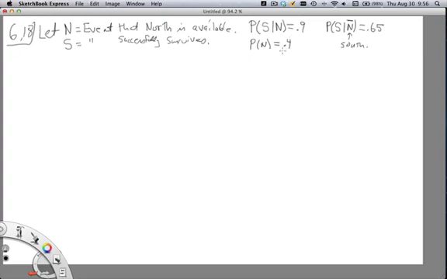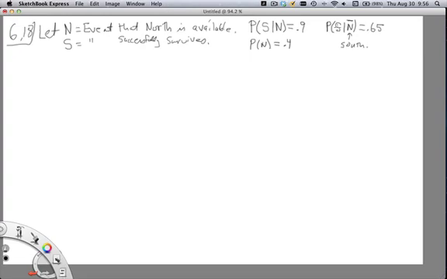Now, the way I see these Chapter 6 problems is by what's given. There are really three possibilities of what could be given to you. In this case, we're given a marginal probability and two conditionals. When you're given a marginal and two conditionals, the problem is definitely most easily done with a tree.